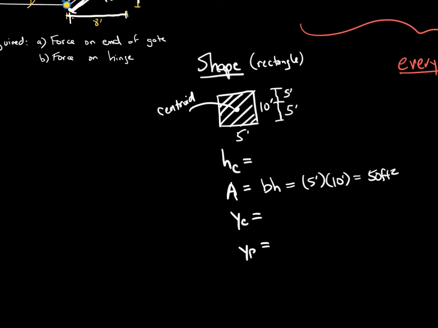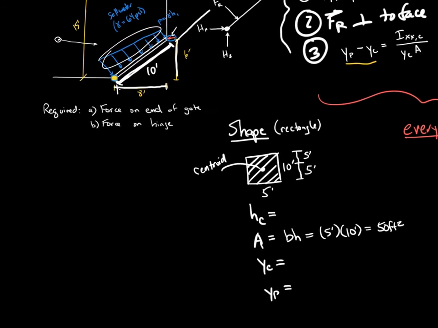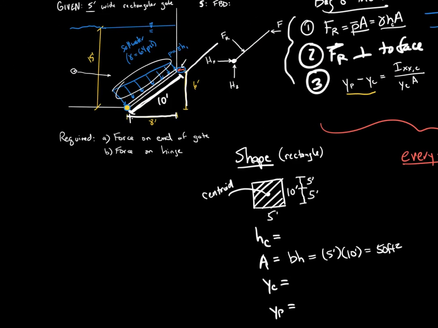Okay, now, all these others are a little bit harder than that. The centroid is 5 feet down this face. I want to go look at my original picture. So it's 5 feet down this face, okay, to here. So the HC is going from this point to the surface.